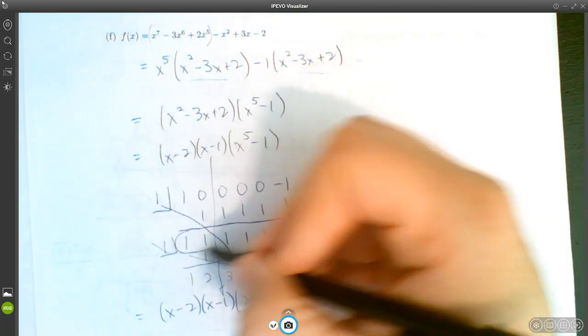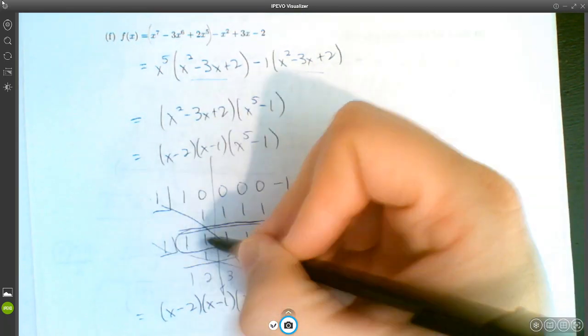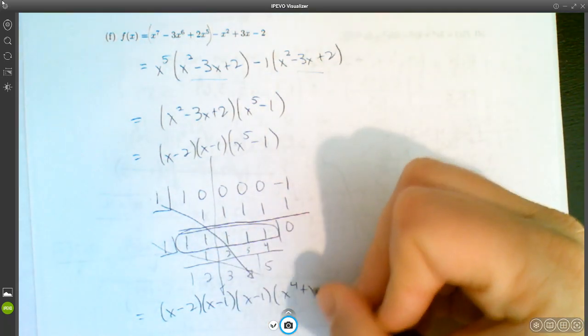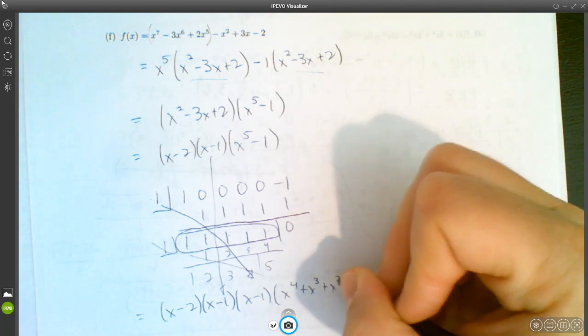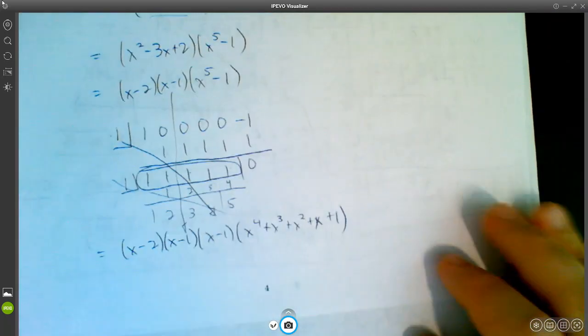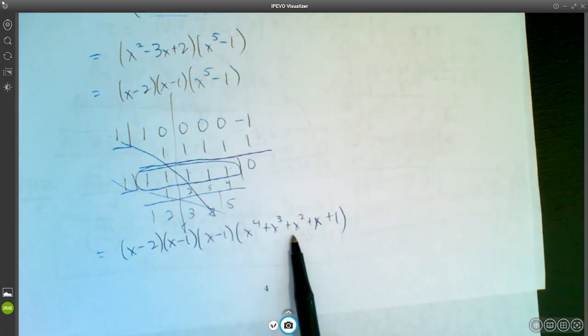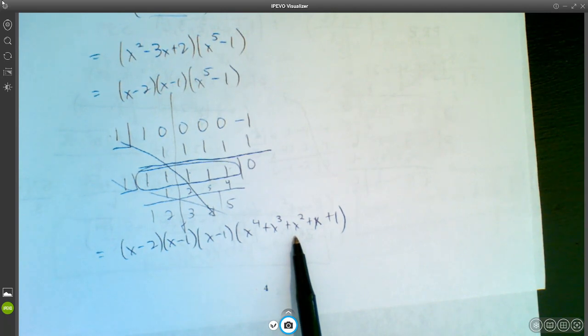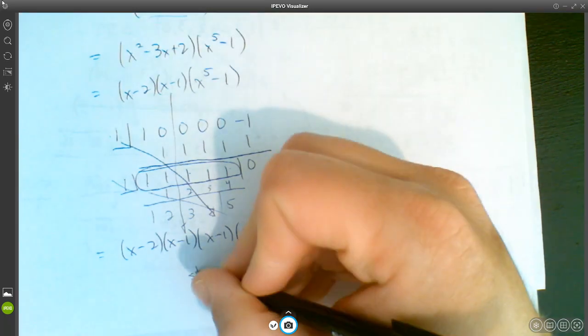I'm left with x to the 4th plus x cubed plus x squared plus x plus 1. And now I'm stuck on this one. I can't go any further with it. I can't find any more zeros. So I'm kind of stumped. Stumped again.